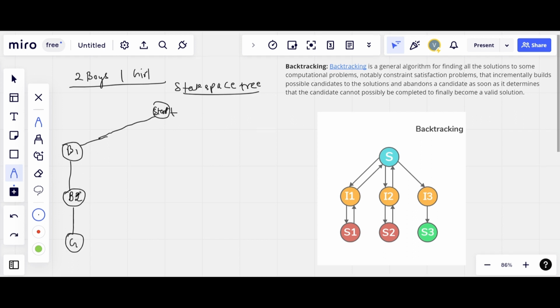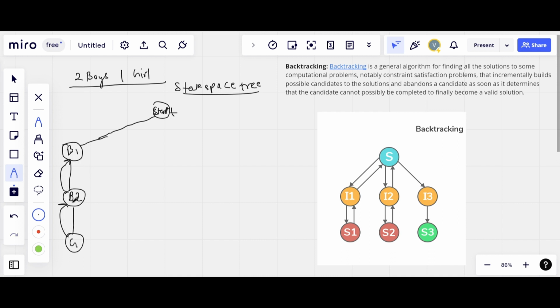This is our feasible solution because it is meeting the explicit constraint and the implicit constraint as well. What is the implicit constraint? That the order does not matter. B2 can come first or B1 can come second. That is the implicit constraint. So it is meeting explicit and implicit constraints, so it's a feasible solution.